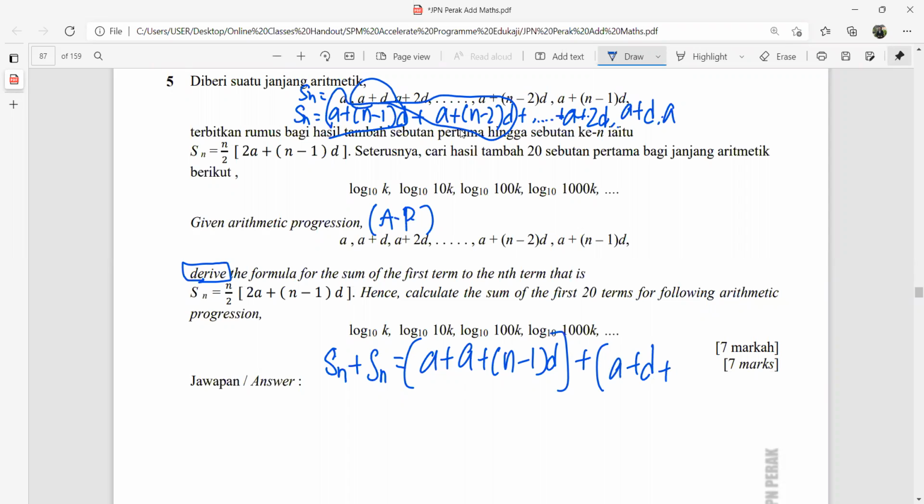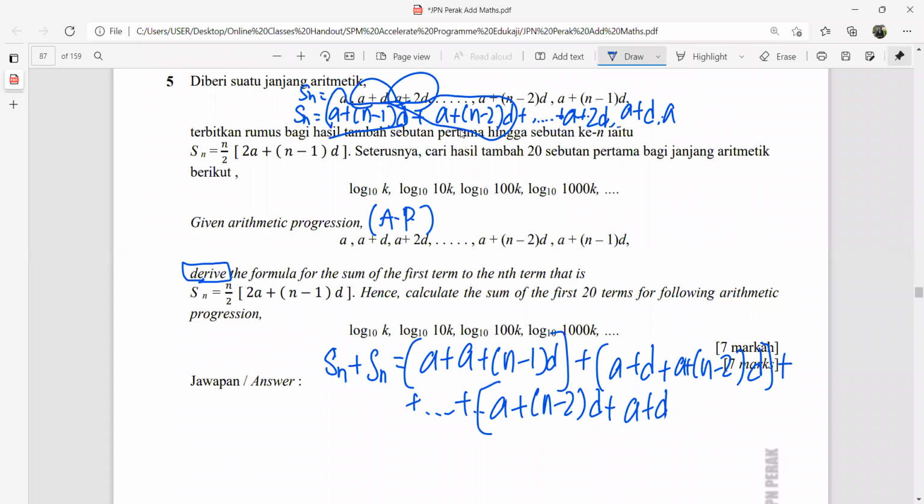Okay. And then the third term plus the third term. And then you continue, the dots, the last second term plus the last second term. Can you see the pattern? Okay, a plus l minus 2d plus a plus d. And then the last term plus the last term. So I want you to see the pattern.